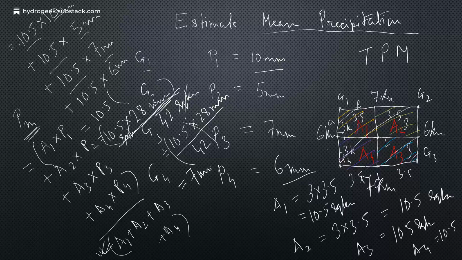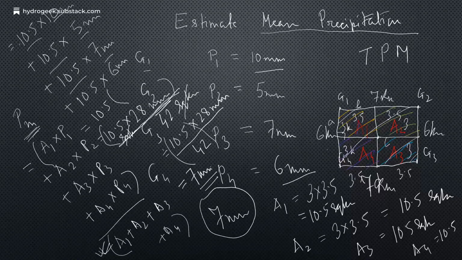So 0.25, that means 25% of 28 millimeter will be 7 millimeter. So the answer will be 7 millimeter. Average precipitation of this watershed is 7 millimeter as per the Thiessen Polygon method.